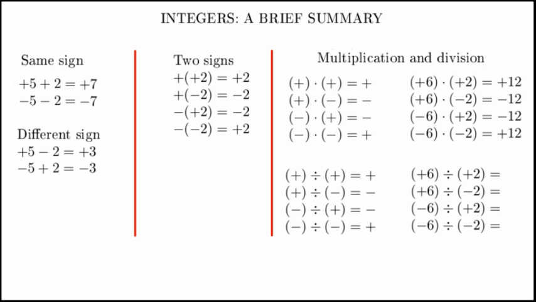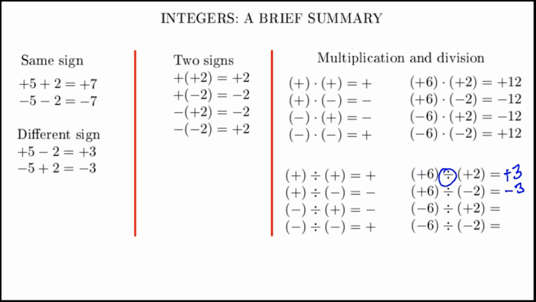The result is plus or minus, depending on whether the signs are equal or different. And what about the division? Well, it's absolutely the same, but the difference is we have to divide, not multiply. 6 divided by 2 is 3, and plus divided by plus is plus. And the same for the rest. 6 divided by 2 is 3 again, and plus divided by minus is minus.